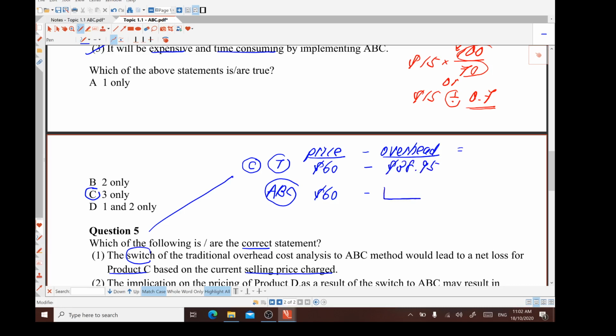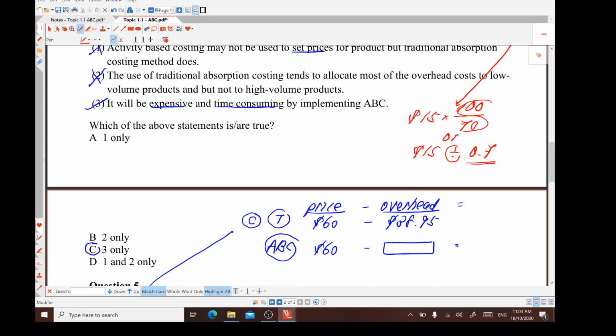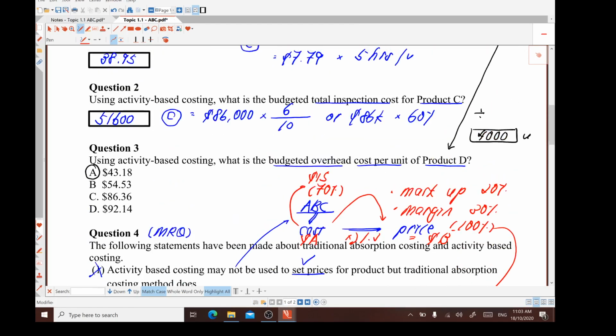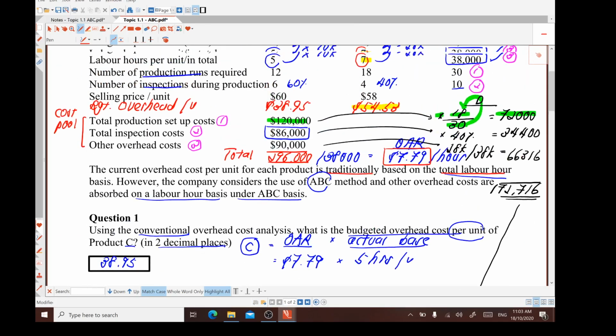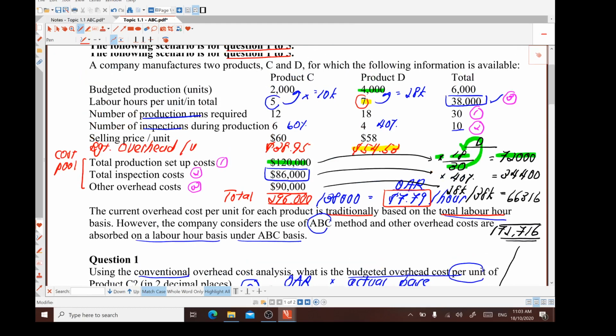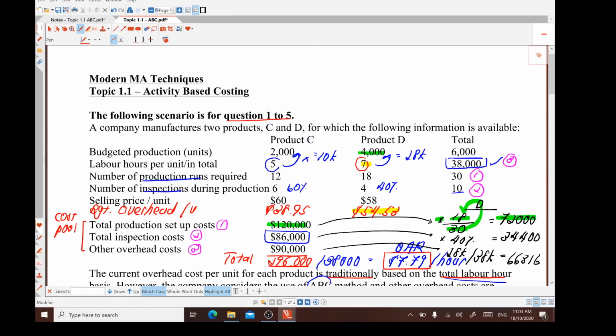So now the question is, we just want to know in this case what is the cost right here? Now we're going to do the same thing, that if you wish to know what's the overhead cost if it's under ABC for product C, we'll do the same thing here. All right, so I'll perform my answer here. Under ABC, what can we do?